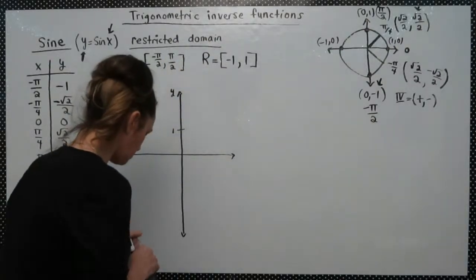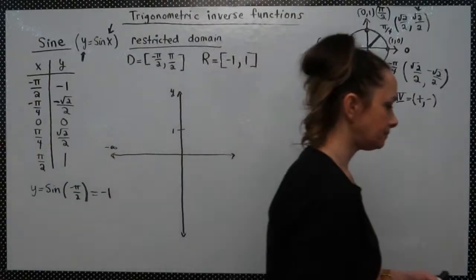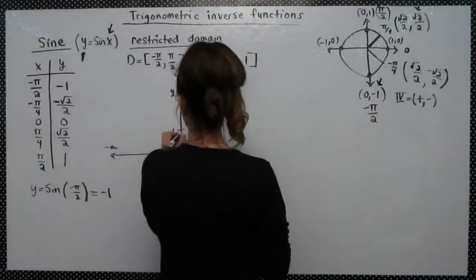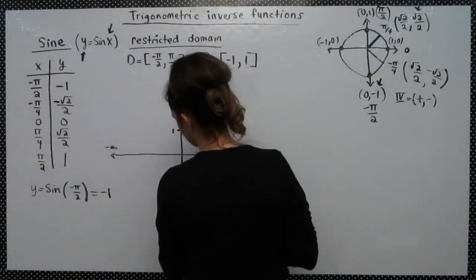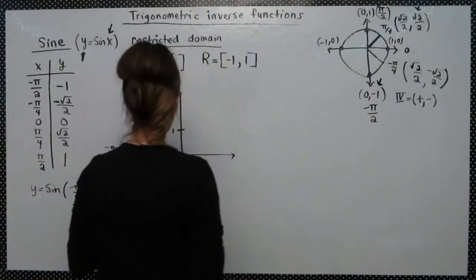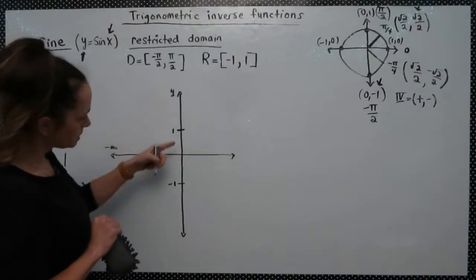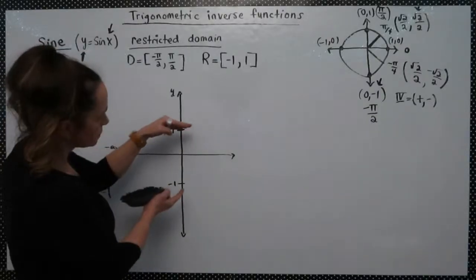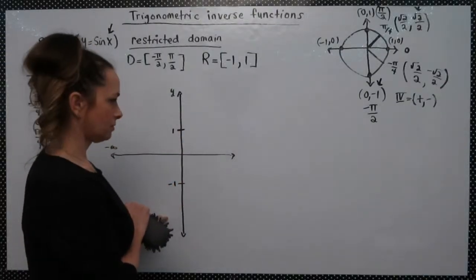Let's switch this marker over. Okay. All right, much better marker. It's nice to write with a clean marker. All right. So we've got 1 and negative 1, and this is the only place as far as the range this function is going to exist. It's not going to exist up here or down here.